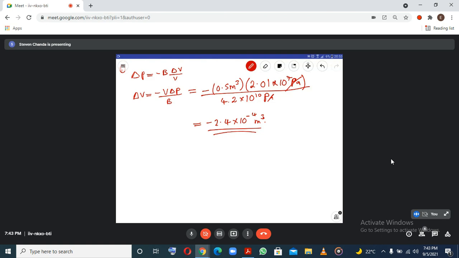That is what we would expect, because going underwater, the pressure increases with depth, isn't it? The pressure is high on all sides of this steel, so there will be a decrease in its volume. That's an important point to take note of.